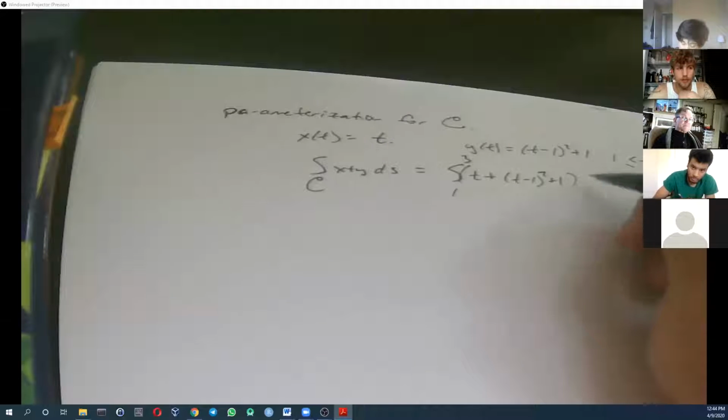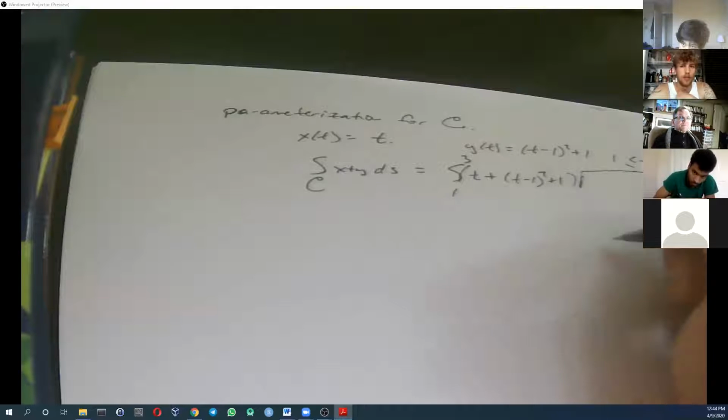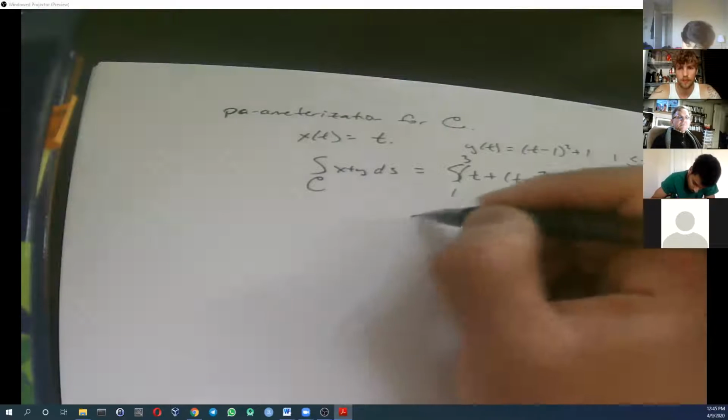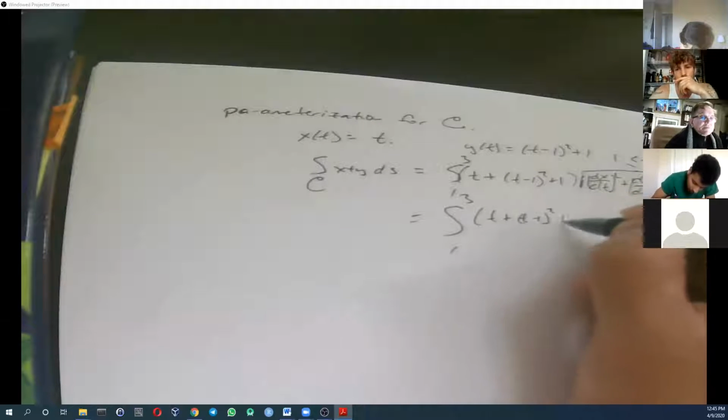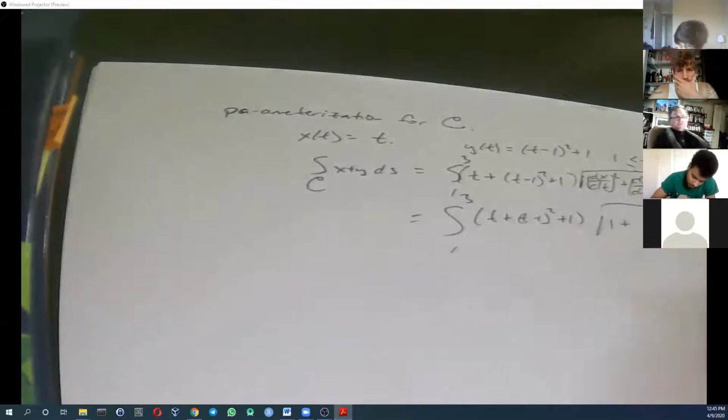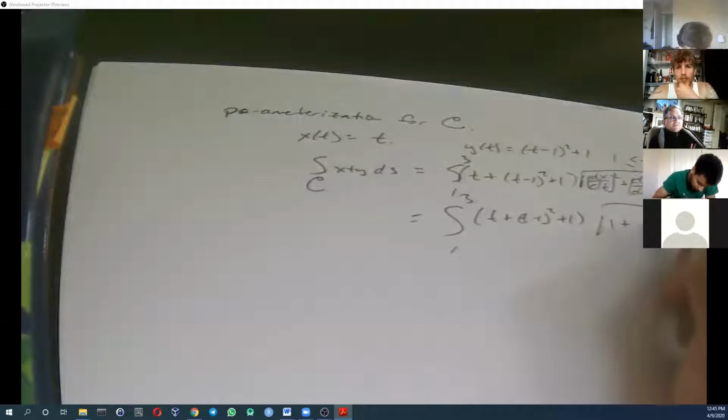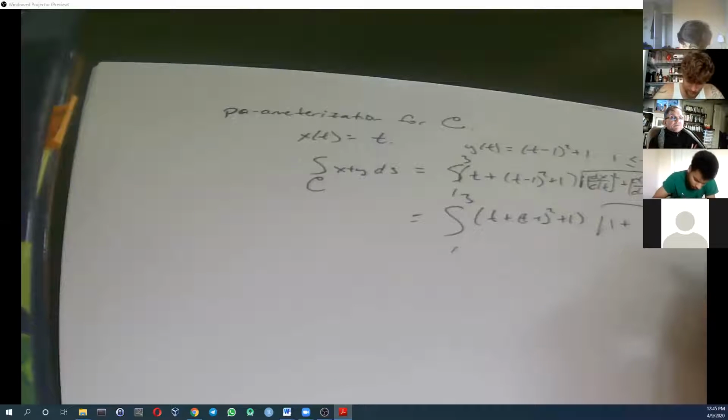Square root of (dx/dt) squared, which is 1, plus (dy/dt) squared, which is 2 times (t minus 1), dt.